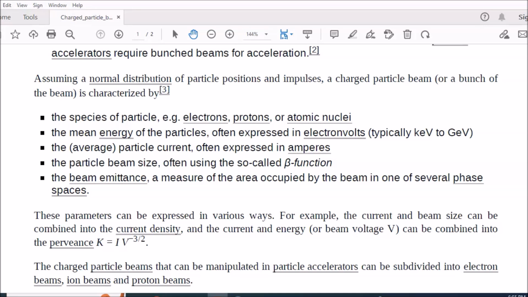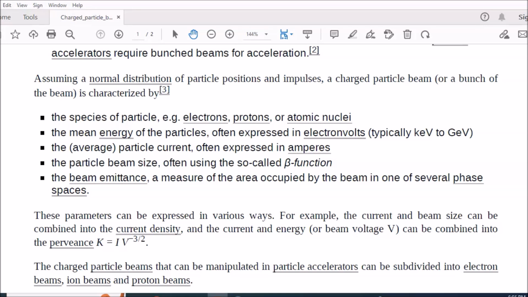So what we're going to be working with is electrons, because once again, like we said earlier, the charged particle beam is just a bolt of electricity. So we're going to be working with electrons. We're making electron beams.